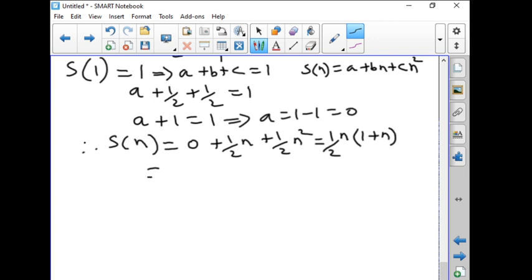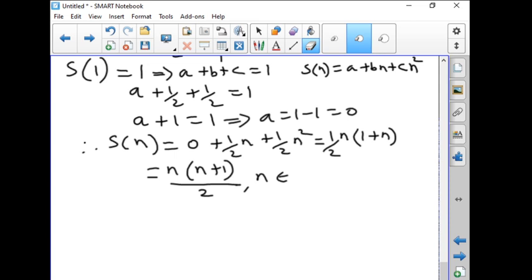So it is equal to n into n plus 1 by 2, where n belongs to natural numbers, capital N, not R. Is it clear? All of you learn it thoroughly. It is an important question.